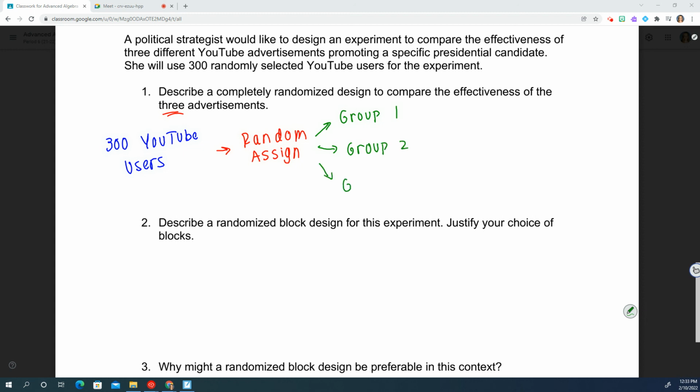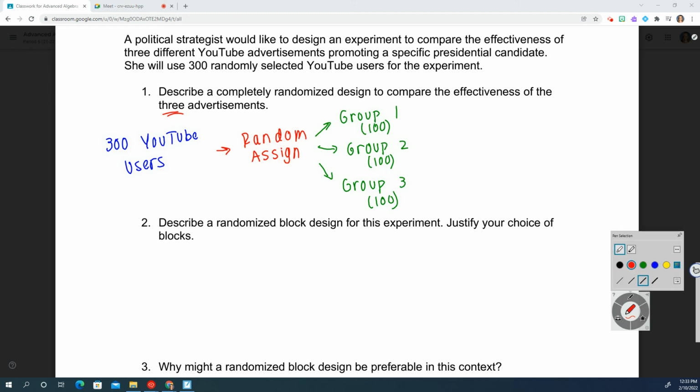Okay, here's some good math for you. How many people are going to be in each group? 100. Okay, there's a completely randomized design. Now we're going to apply a different treatment to each group. So we have 3 different ads.